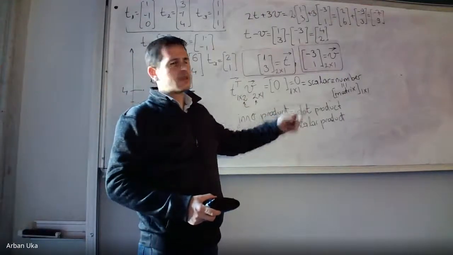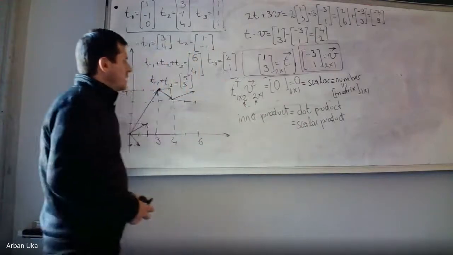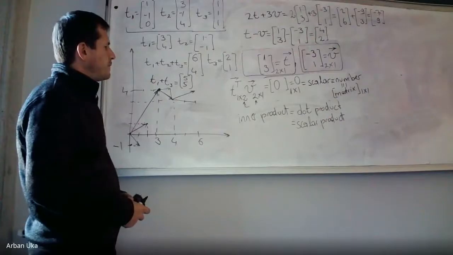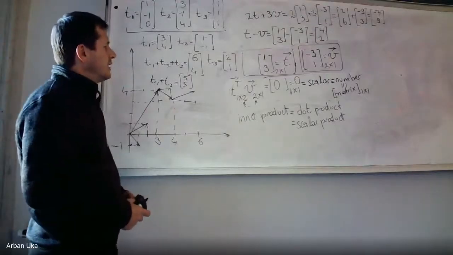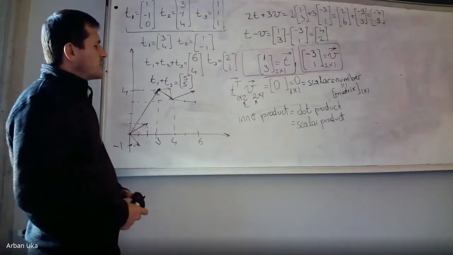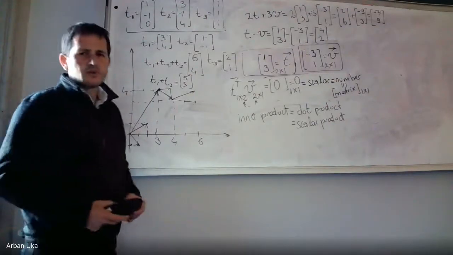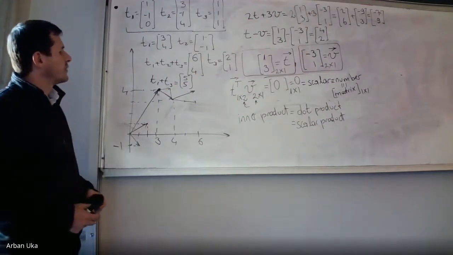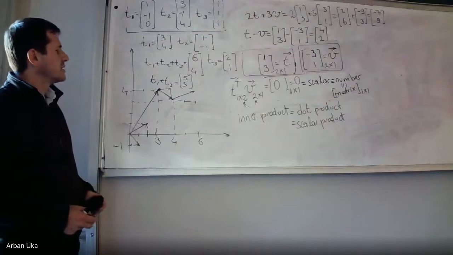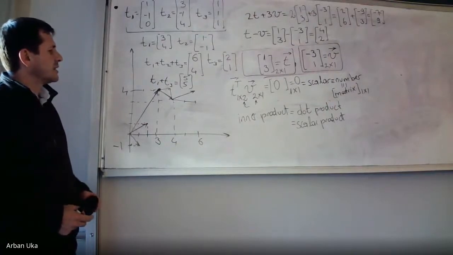It does not have a direction. We can also define the cross product of two vectors, which we will deal with when the time comes. But for the moment, let's say this is the inner product.